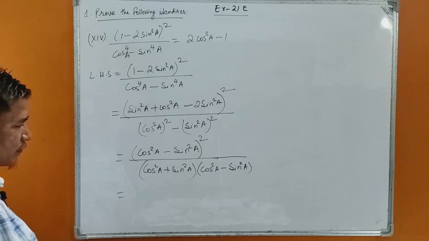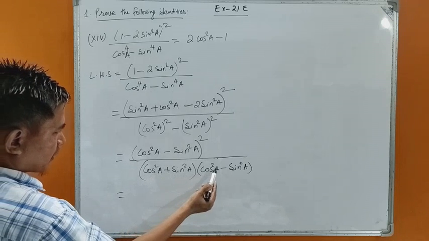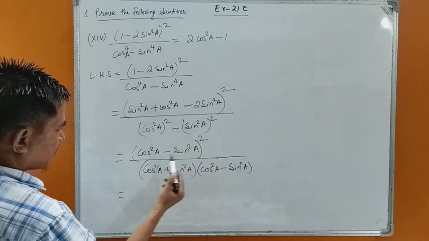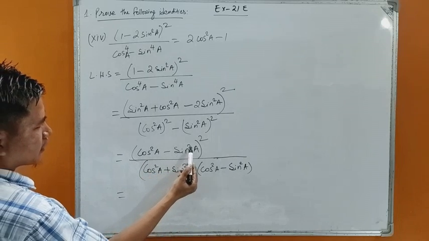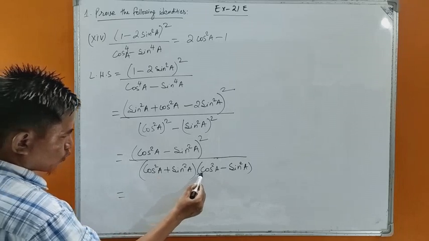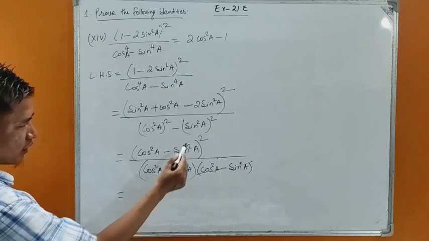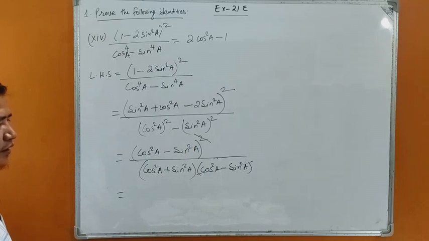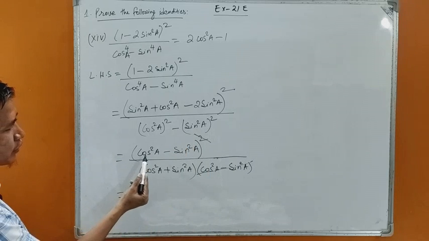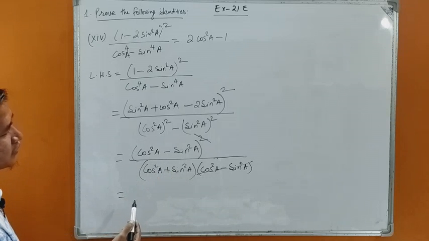So you can see cos square a minus sine square a in the denominator. Here also cos square a minus sine square a whole square. So one cos square a minus sine square a can be cancelled. So in the numerator we have cos square a minus sine square a.